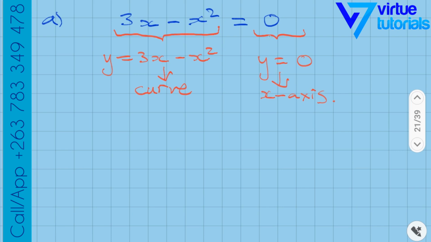So what do we have to do? We have to check where these two meet. The curve and the x-axis, where do they meet? In other words, where does the curve cut the x-axis?